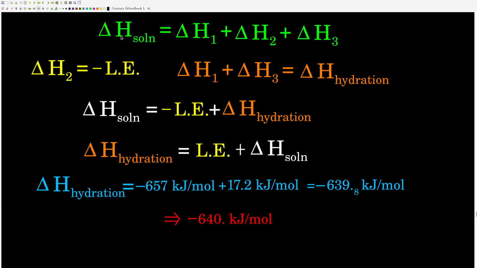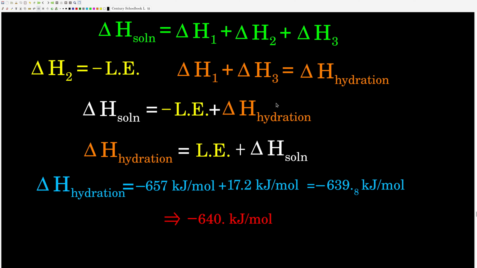So delta H of solution, the heat of solution, is the sum of the delta H's. But we know that what we call delta H2 is just the negative of the lattice enthalpy, which we're given. And delta H1 plus delta H3 is equal to the heat of solvation, or in this case, heat of hydration, because the solvent is water. So substituting in here, the heat of solution is equal to negative lattice enthalpy plus the heat of hydration.